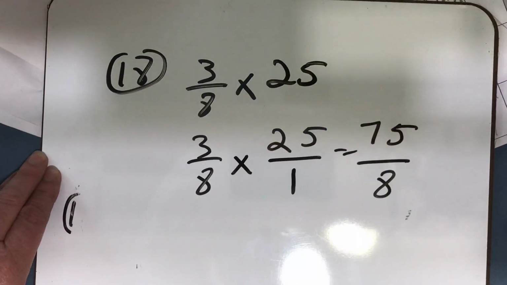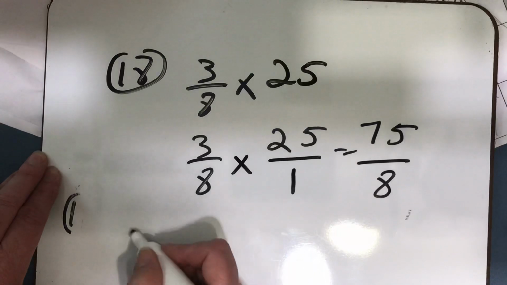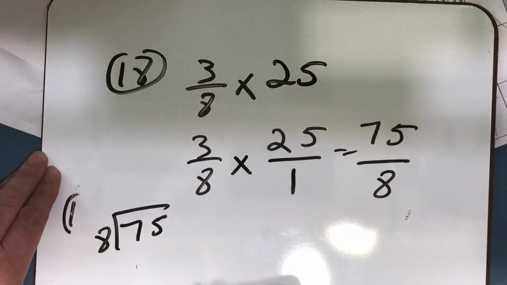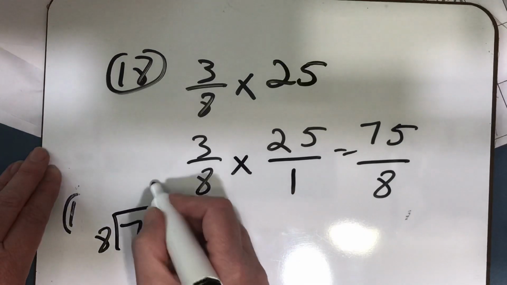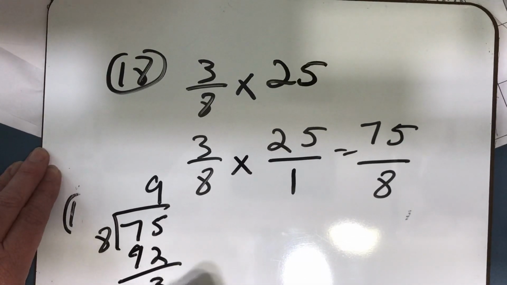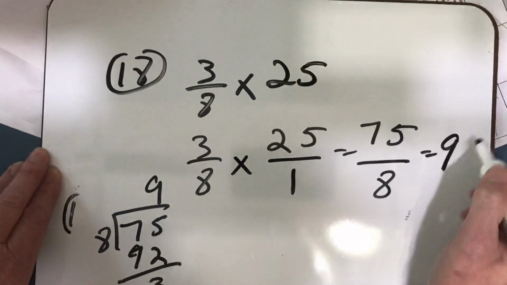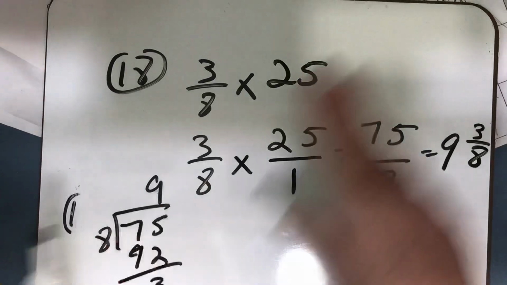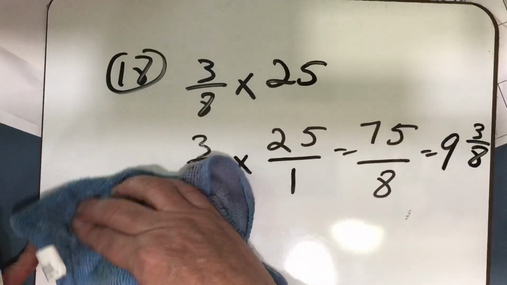So I can't leave that as an improper fraction, so I'm going to divide 75 divided by 8. I know that 8 goes into 75 9 times. 9 times 8 is 72. It's 3 left over, so that equals 9 3/8.